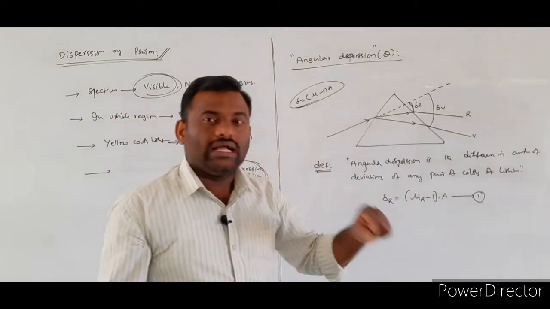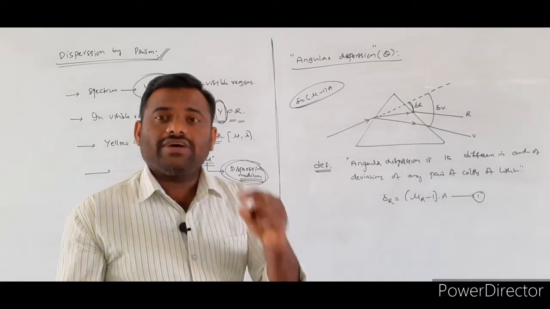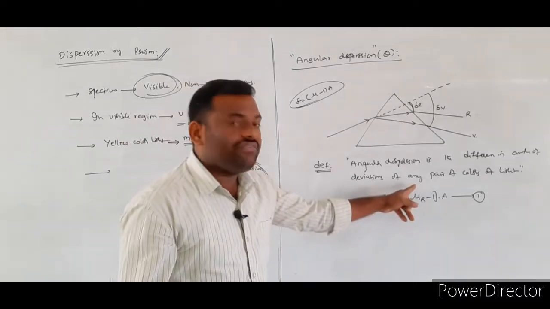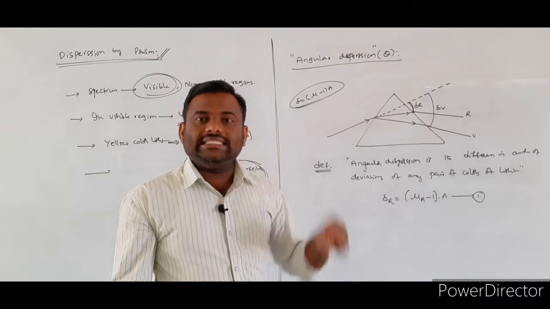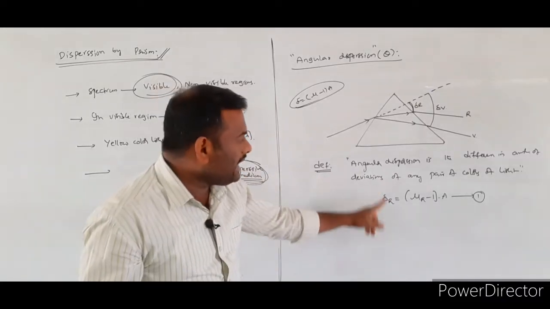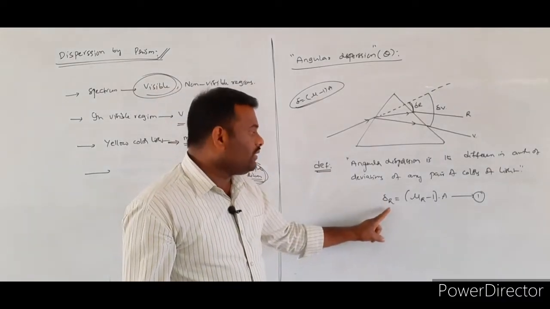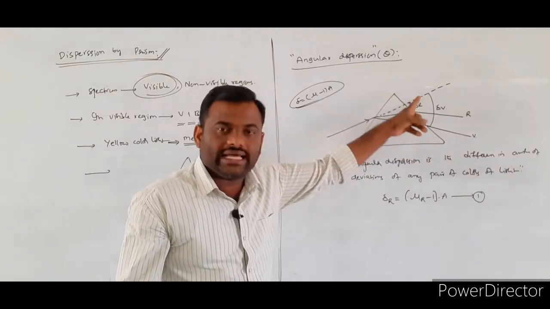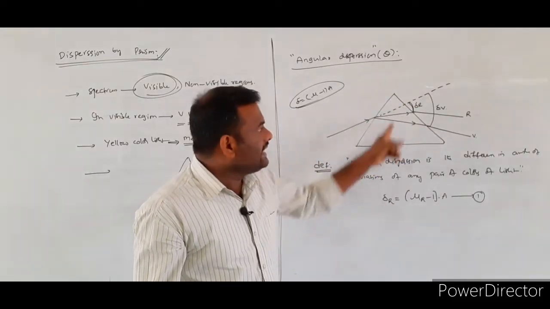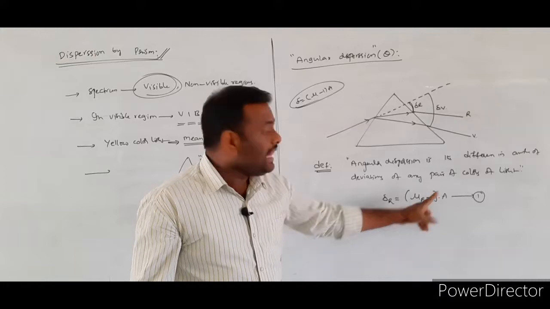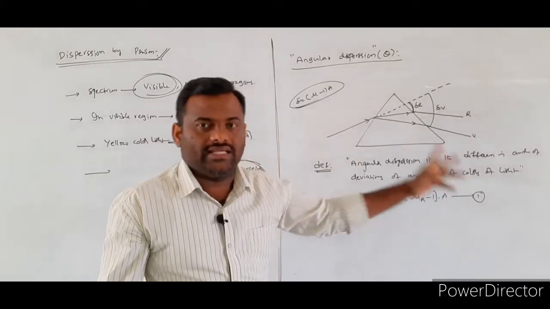That is what we told: for different colors of the light, for different wavelengths of the light, different refractive indices exist within the prism. For the red color, the angle of deviation is delta r for the same prism, its refractive index is mu r, and the angle of the prism does not change.